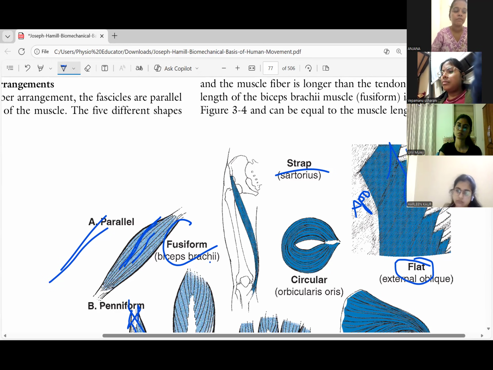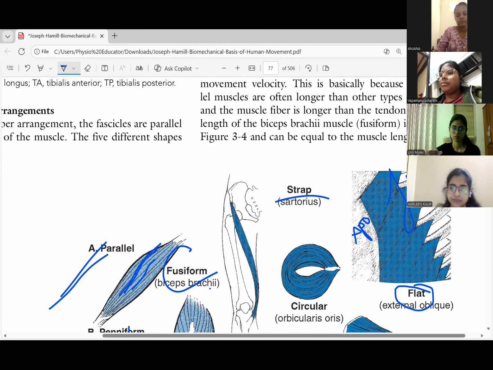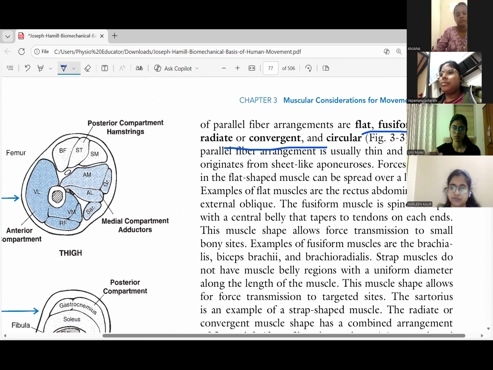In parallel, we have 5 subclassifications. The very first is the flat. Flat is where the muscle arises from aponeurosis. As you can see, the muscle is usually thin and broad, originating from the aponeurosis. That is called flat muscle fiber.